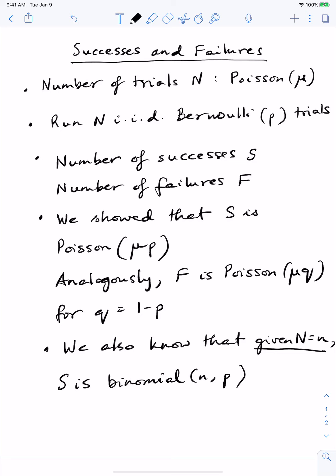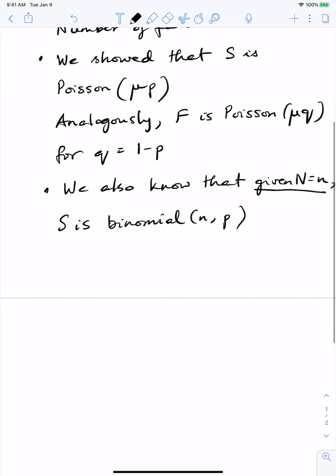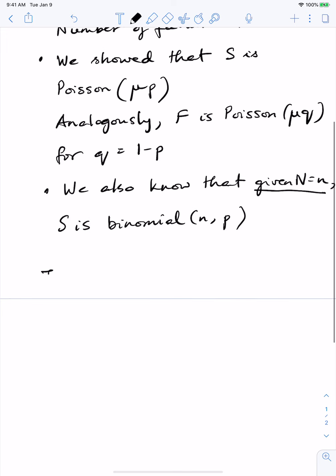Because the binomial starts with a fixed number of IID trials. We're going to find the joint distribution of S and F.